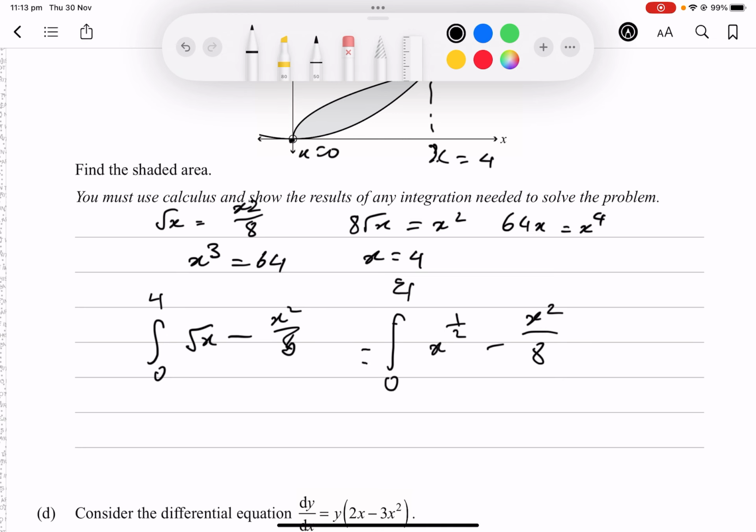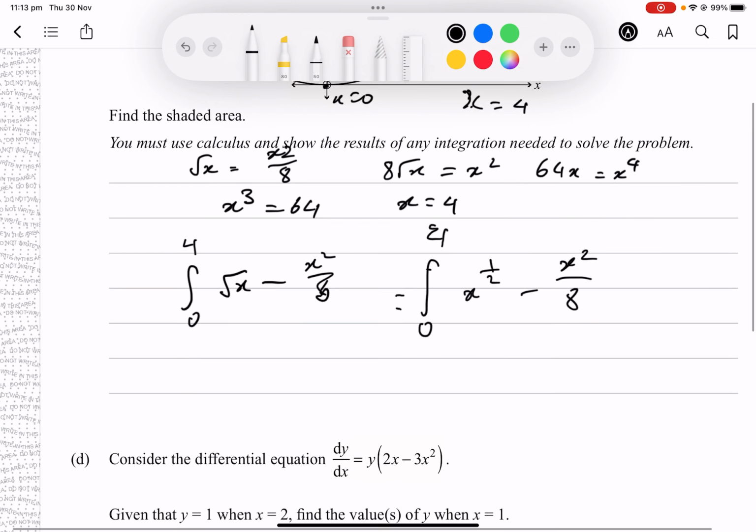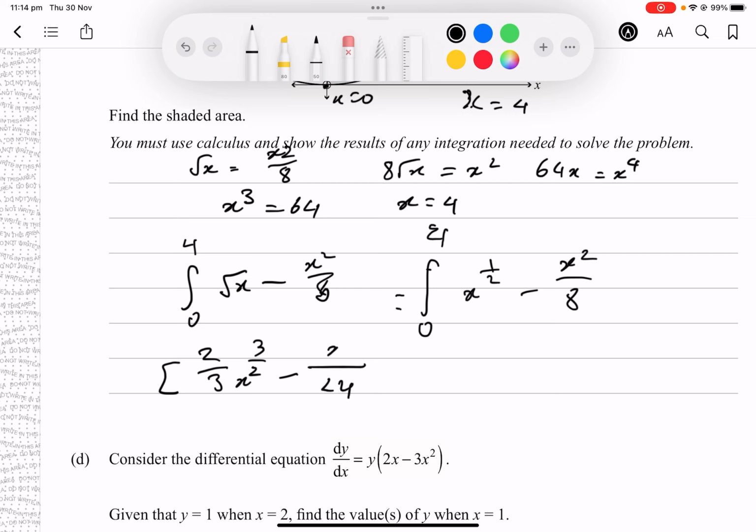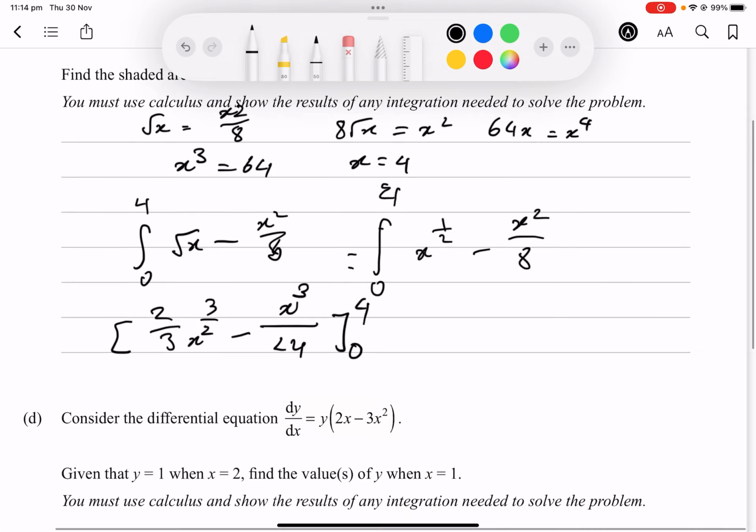And now it's just a matter of increasing the power by 1 and then dividing by the new power. So in this case, we're going to have 2 on 3, x to the power of 3 on 2, minus x to the power of 3, and then 8 times 3 is 24 on the bottom, so x cubed on 24. Oh, in this case, we're not doing plus c, sorry. We're doing it between 2 points, so it's between 4 and 0.